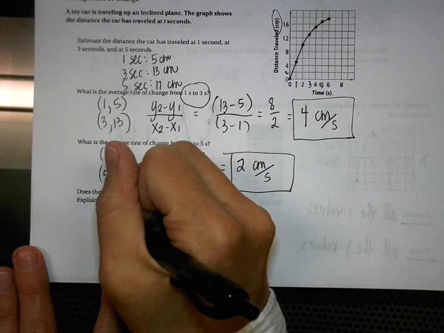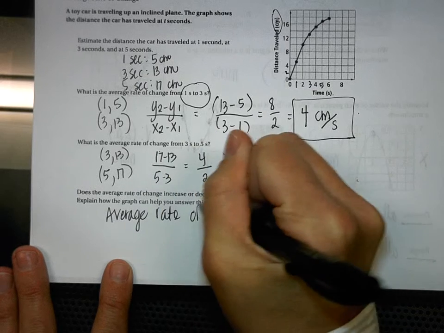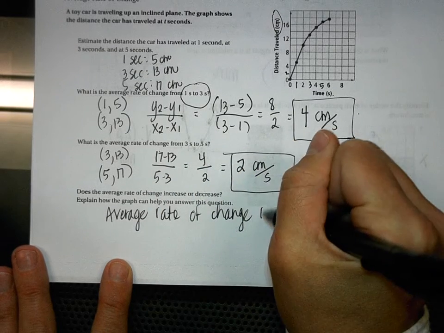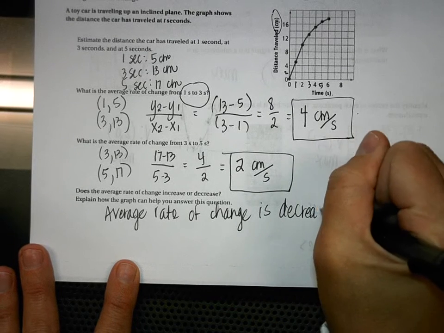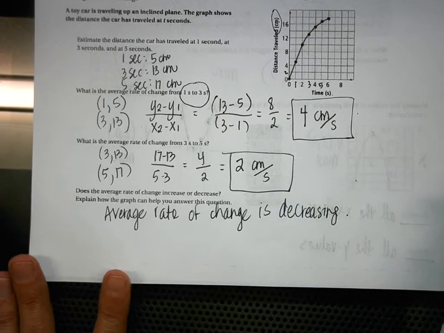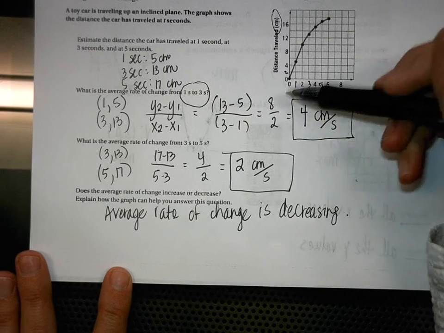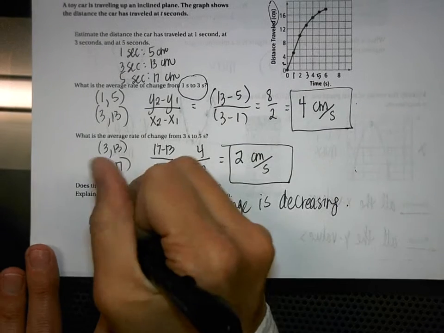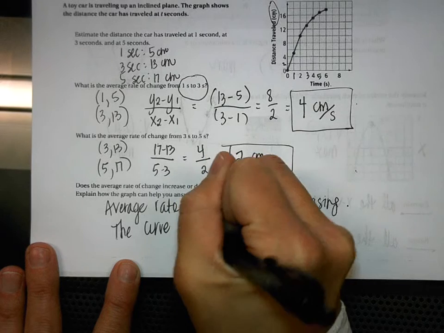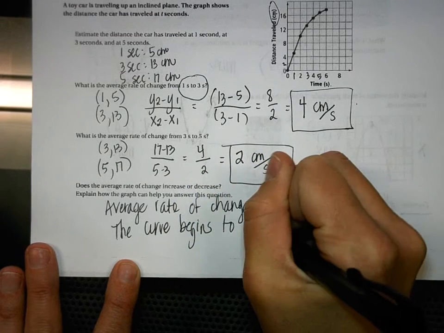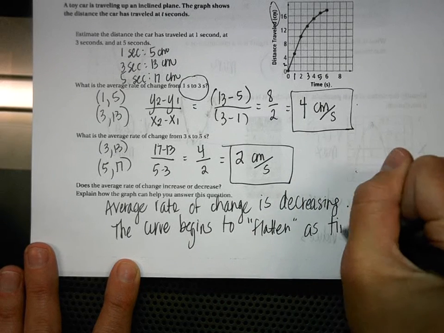So we're going to write average rate of change is decreasing, and to help us understand the graph, I wrote something like the curve begins to flatten as time increases.